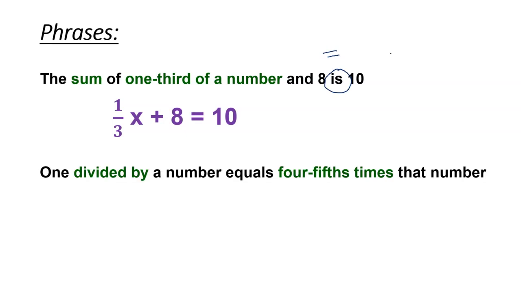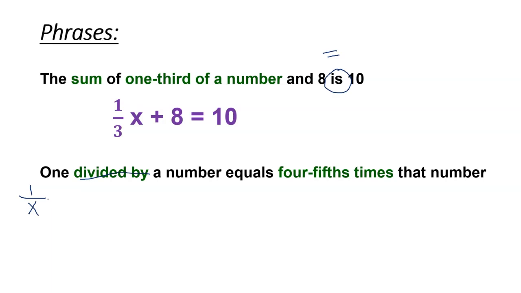Let's try one more. 1 divided by a number equals 4/5 times that number. Whenever you use dividing, I highly recommend that you use a fraction bar. So 1, using a fraction bar, divided by a number.